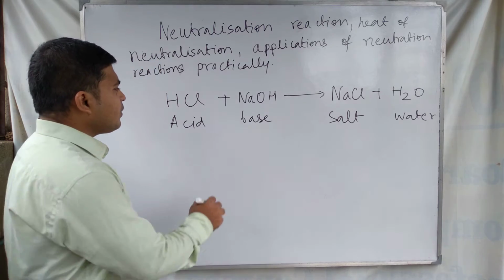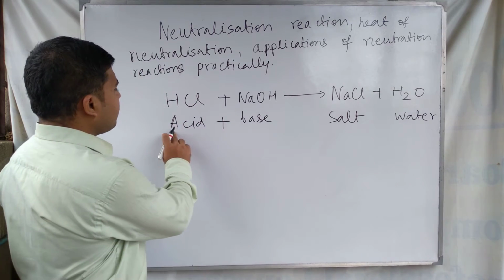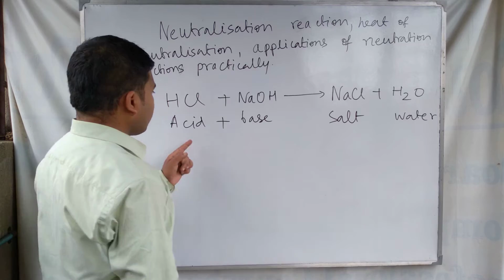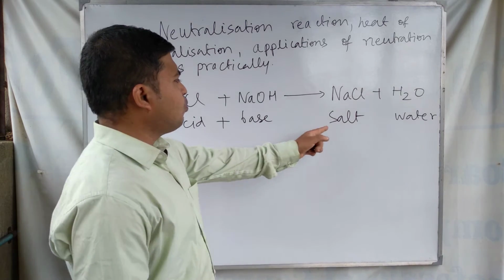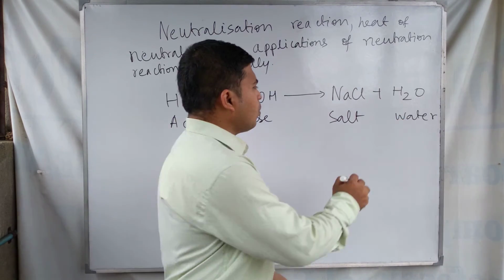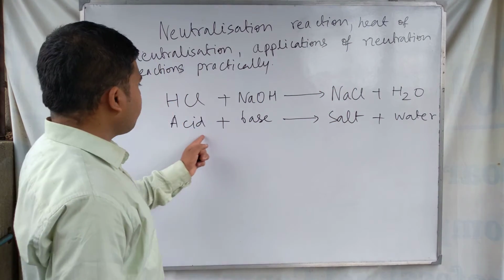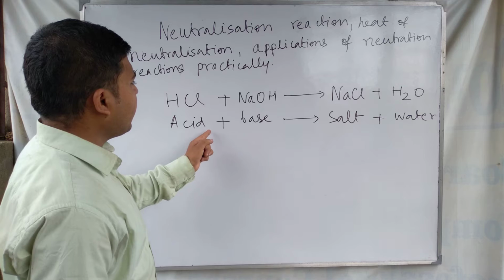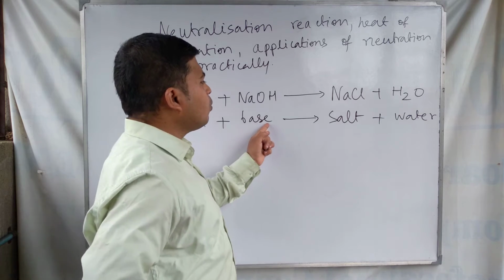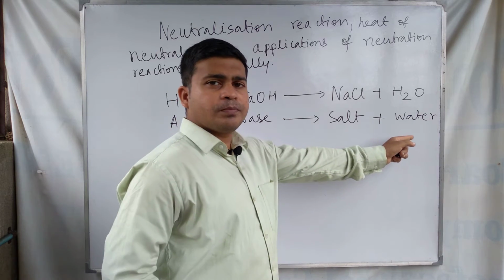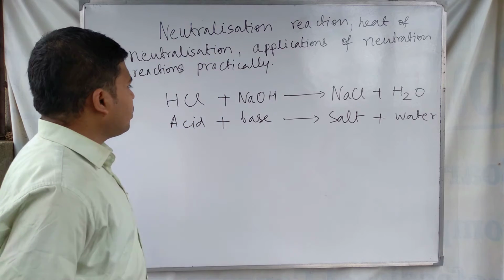So in neutralization reaction, our general formula is acid combine with base to form salt and water. We can write in general that the equation is like acid and base reacting together to form salt and water.